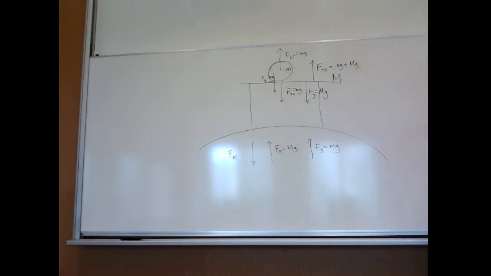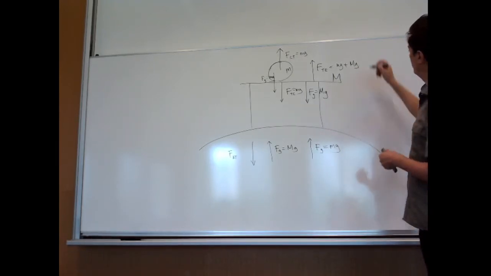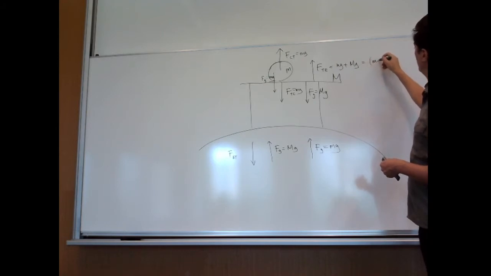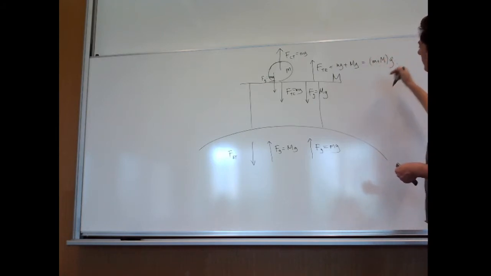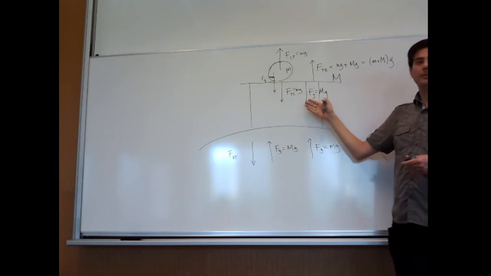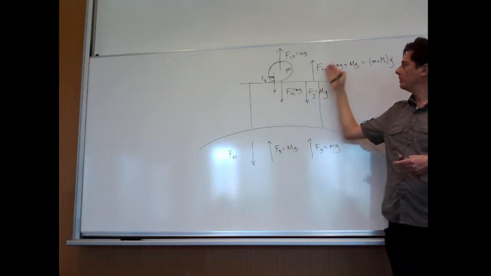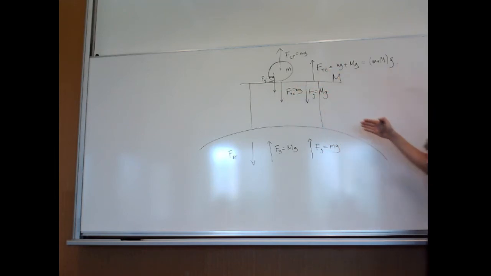But maybe let's also think of that in terms of, is that kind of reasonable? Say I didn't work it out like that. Why do you think it should be little m plus big M times g for this one?